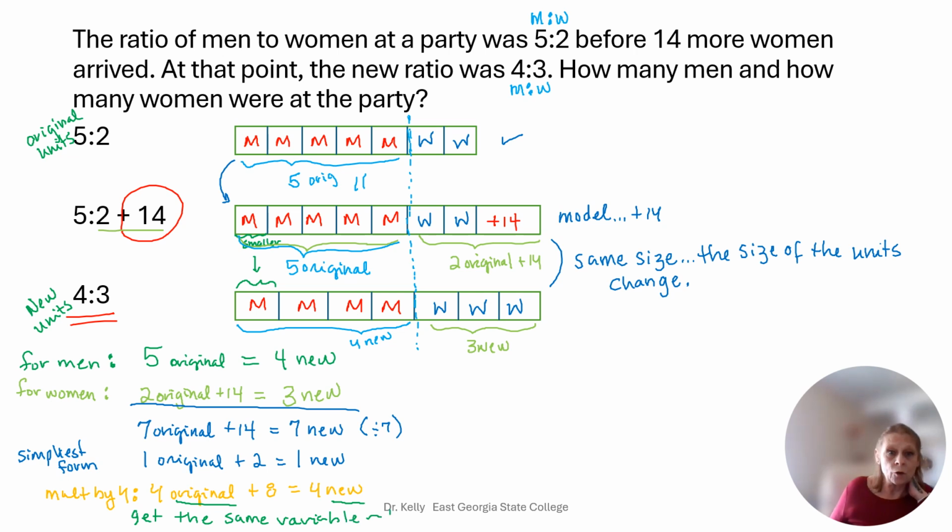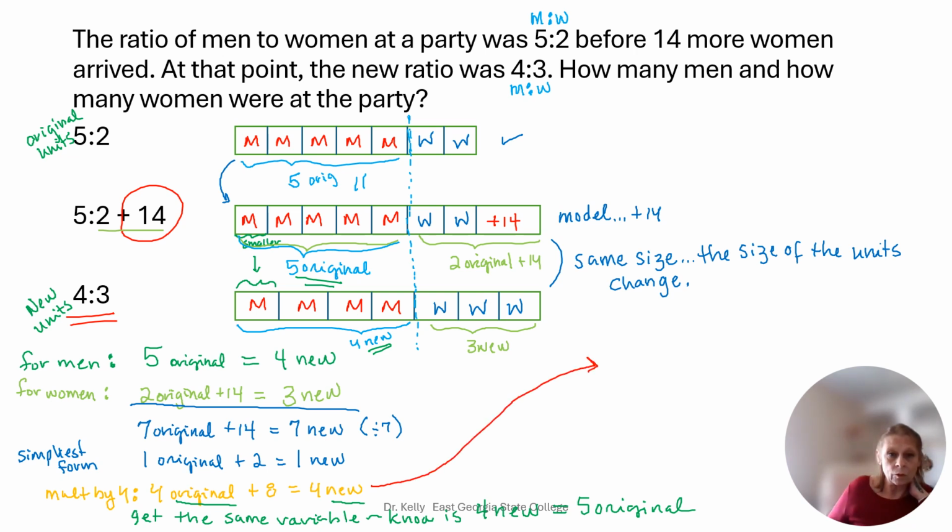And what we know is 4 news equals 5 originals. We know that right here. 4 news equals 5 originals. So we've now gotten this equation written so that we can replace that 4 new.